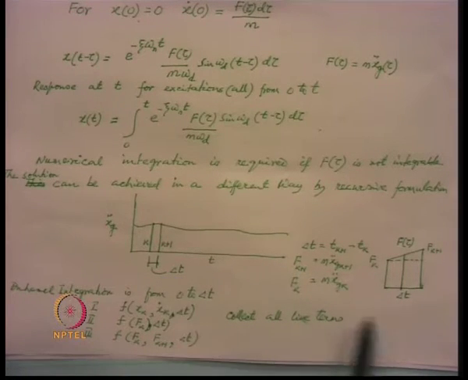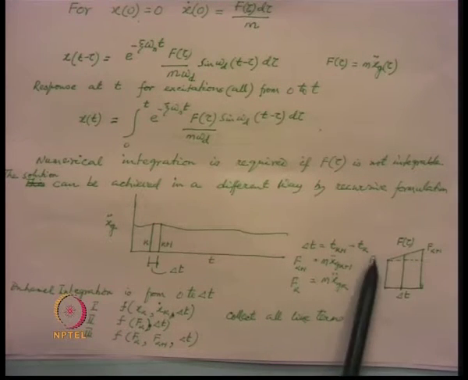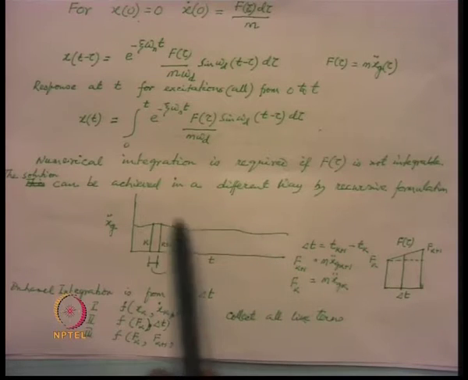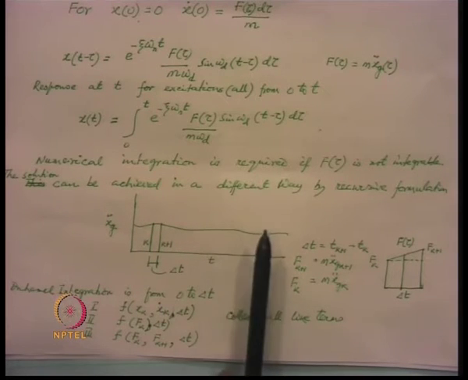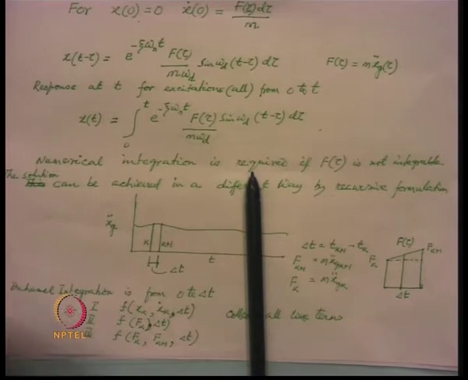So, this is a time marching scheme, but this time marching scheme to be used in the case of a Duhamel integration requires some kind of consideration, that is what is shown over here in this slide.